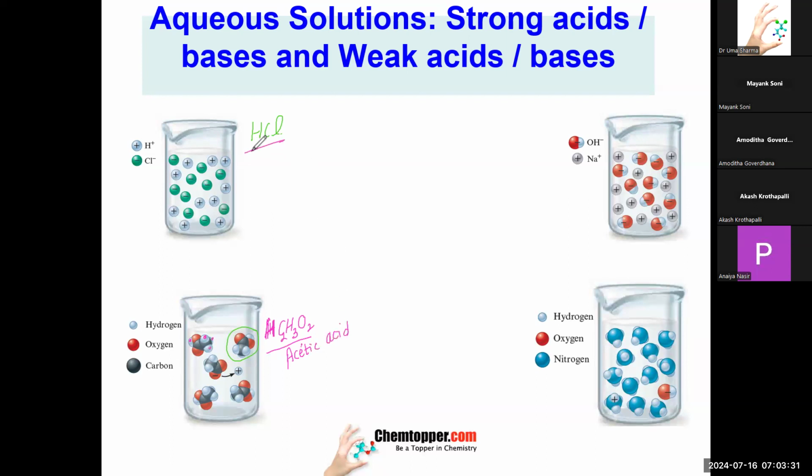And this one is hydrochloric acid. What is this compound? This one? Sodium hydroxide. What is this one? This one.